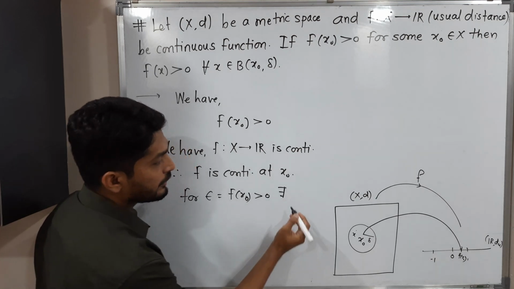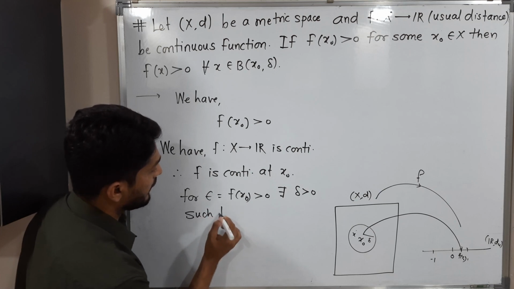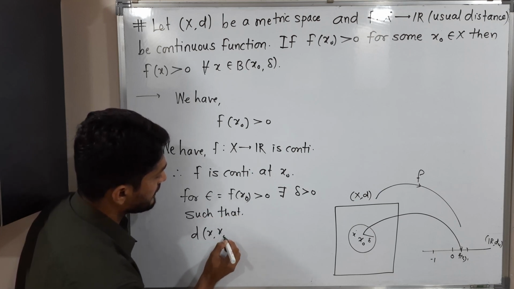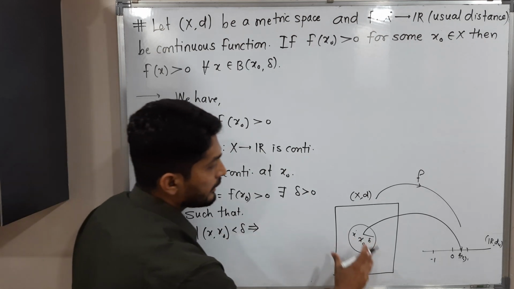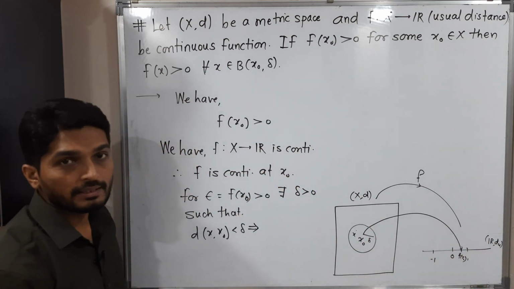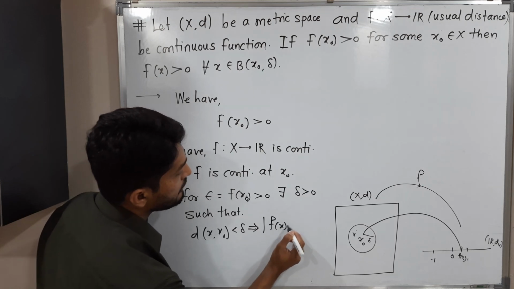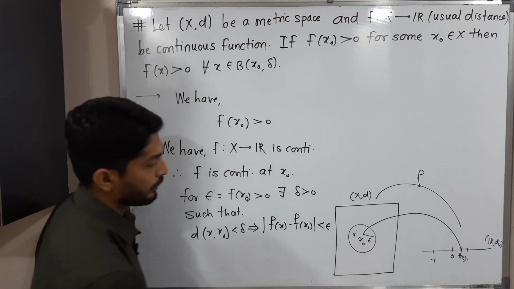I can continue the definition: there exists delta greater than 0 such that d of x and x naught less than delta implies, since the domain has metric d but in the codomain we have the usual metric, that means mod, mod f of x minus f of x naught less than epsilon.